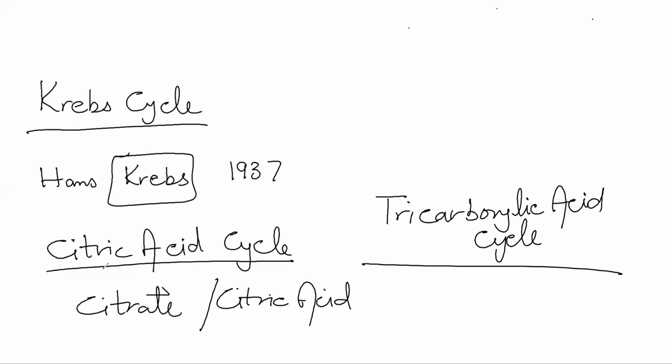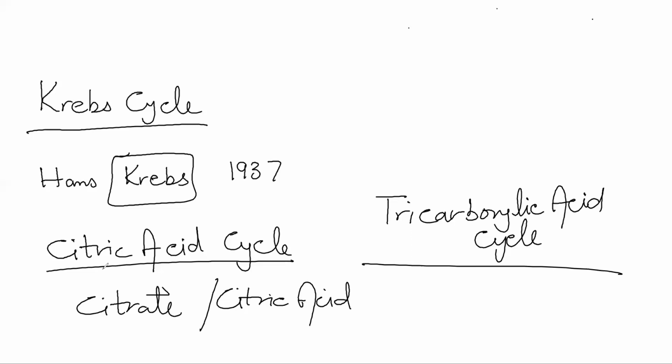Obviously it's a cycle consisting of a number of steps, but in the O level syllabus the names of the molecules at all the steps are not mentioned in the book, right? Because they are not in the syllabus, but otherwise at each step of the cycle there is a molecule with a proper name.